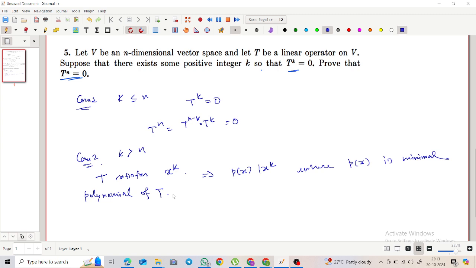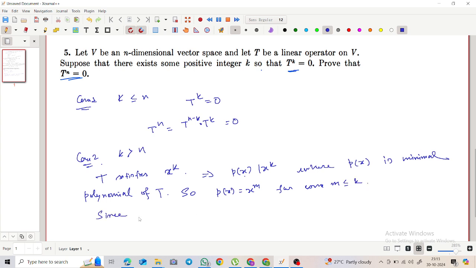Because any polynomial, if it kills t, it must be divisible by the minimal polynomial, na? So px is of the form x to the power m because px divides x to the power k. So px is equal to x to the power m for some m less than or equal to k.